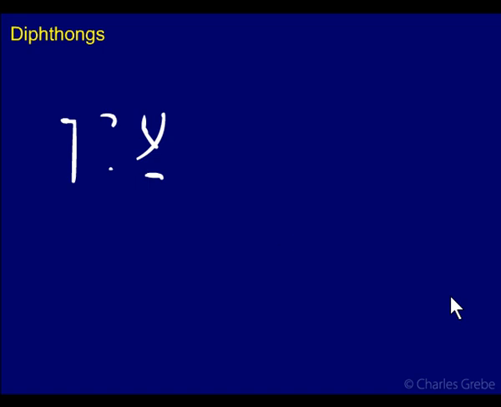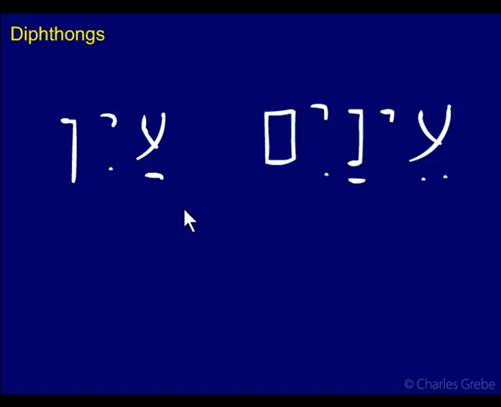Ayin, this means eye. Again, the same diphthong. Here we add a suffix. We get einayim. Now what suffix is this? Is this the plural suffix? No, it's not. This is the dual, remember? The plural would be im, a yud with a hiriq, and then just the mem, im.